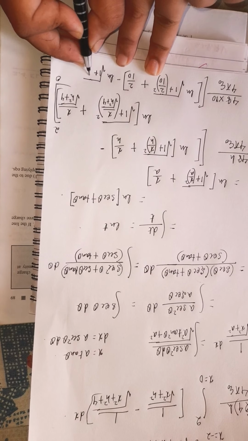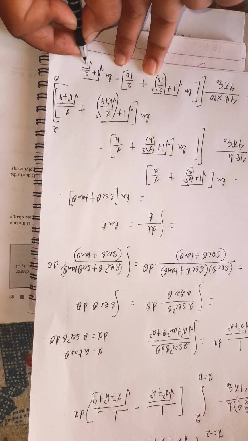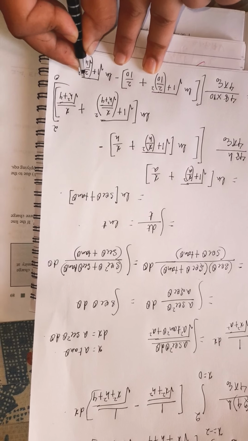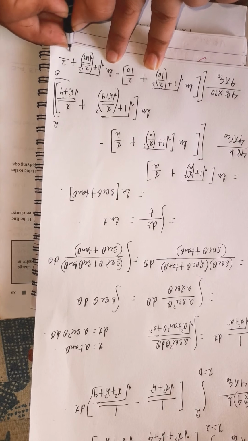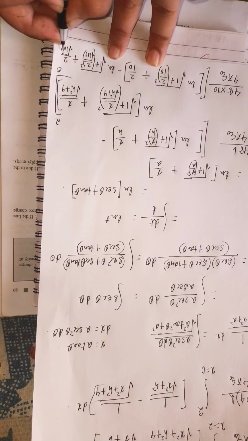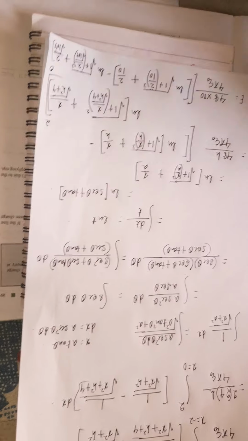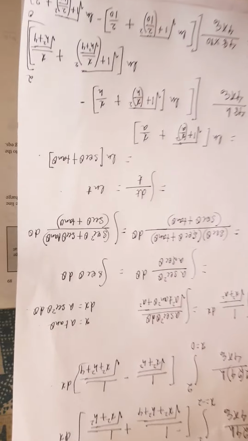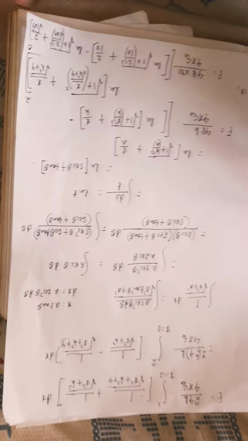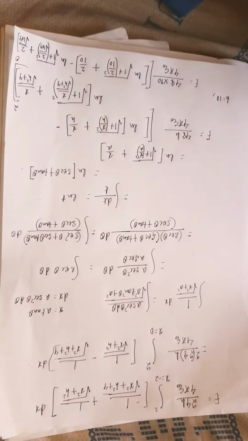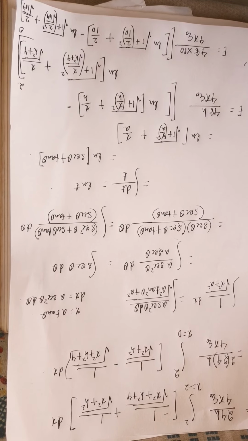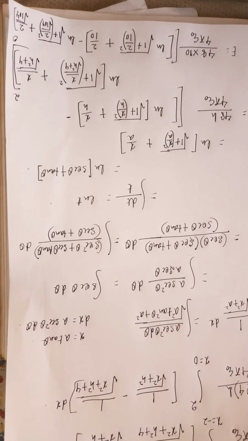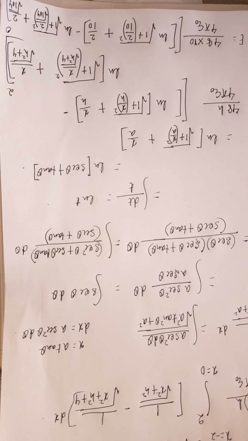So I'll get 2 by root over of 104, whole square, plus 2 by root over of 104. Okay, now let me use the calculator and calculate it. Well, this is 480 divided by 4 pi epsilon naught.